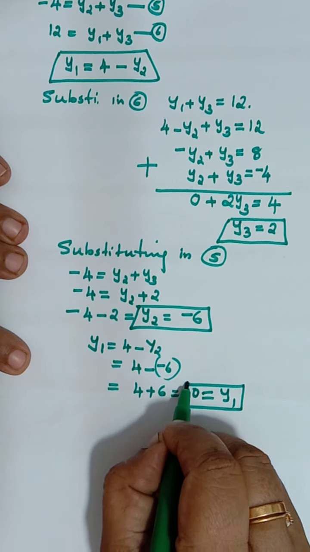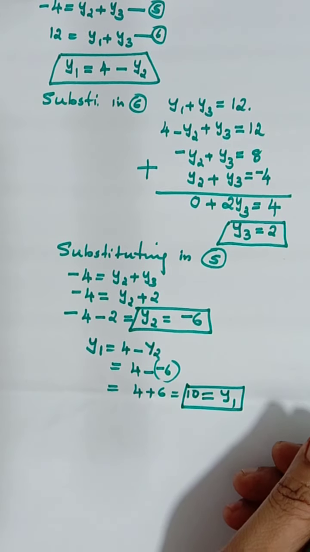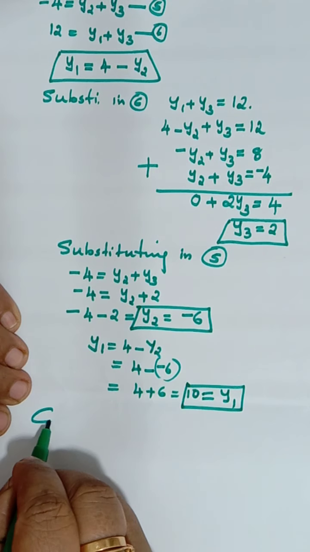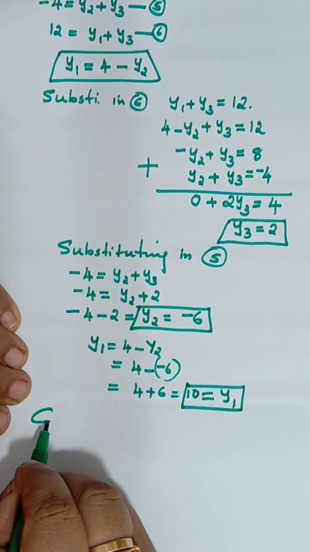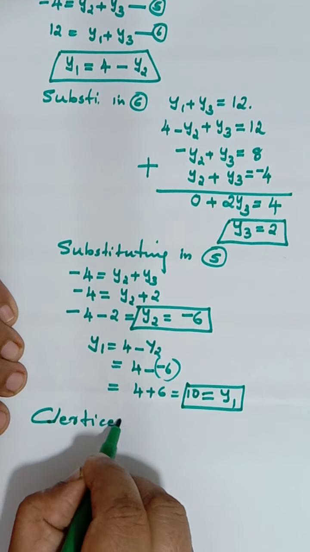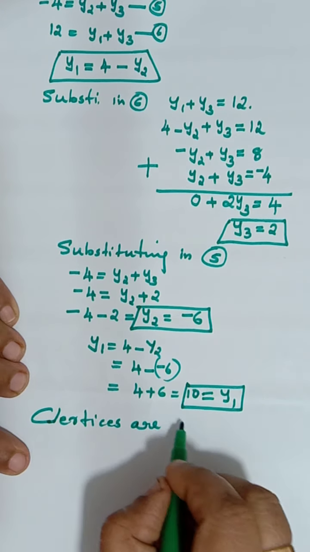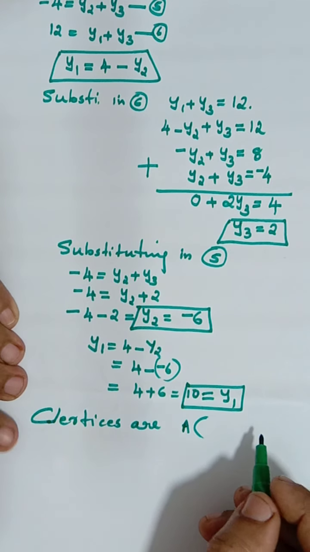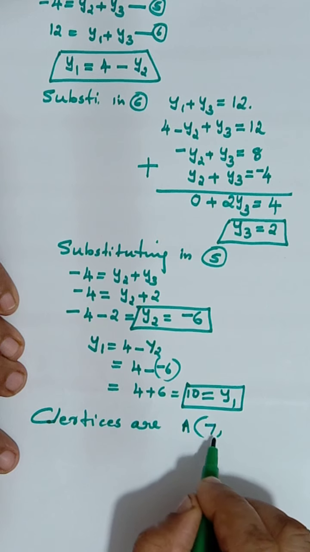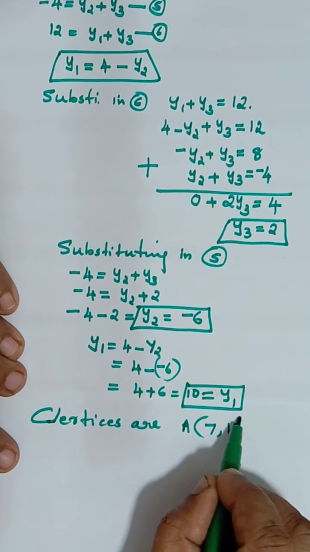Now let us write all the coordinates. What are the coordinates to be known? Vertices, or coordinates of vertices. We can write down vertices are A, x1, y1. Here we have x1 is equal to 7, y1 is equal to 10.